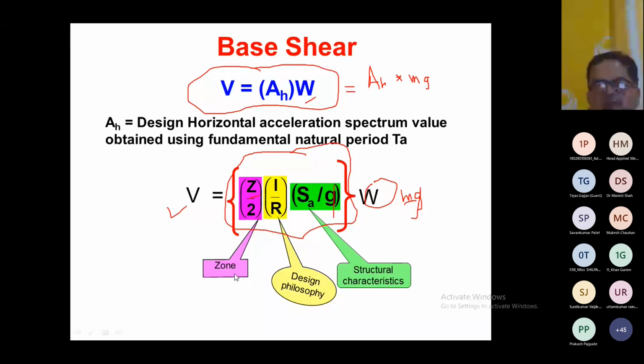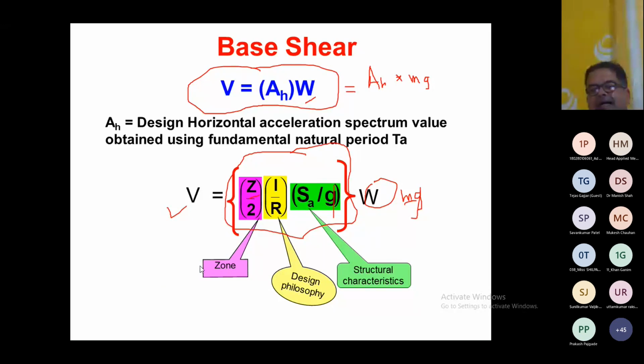So now only 4 zones are there: zone 2, 3, 4, and 5, right? And we know that zone 2 has the least seismic risk and zone 5 has the highest seismic risk, right? So the value of Z depends on the different zones, and Z has a higher value for zone 5 and a lower value for zone 2, right?